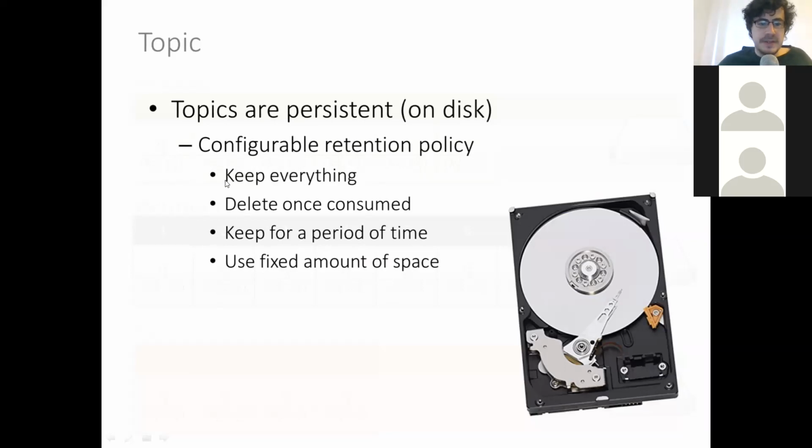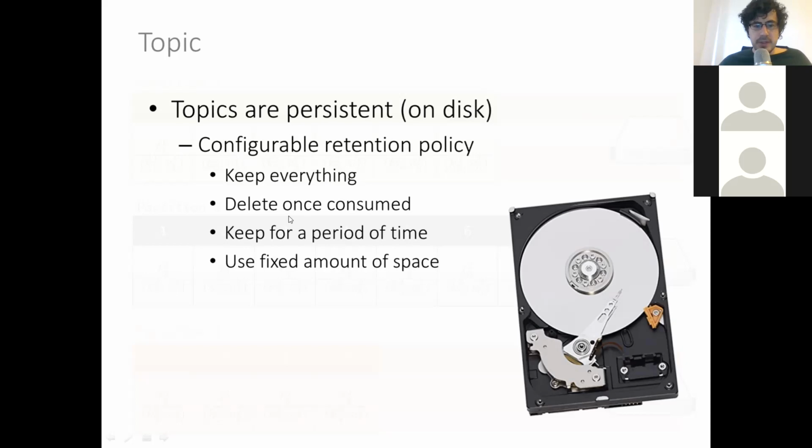The first option is to keep everything, so we don't delete anything at all. This is great if we have enough space, we can remember everything. But if we have limited resources, or a massive stream of data, perhaps this might not be feasible with the available resources.